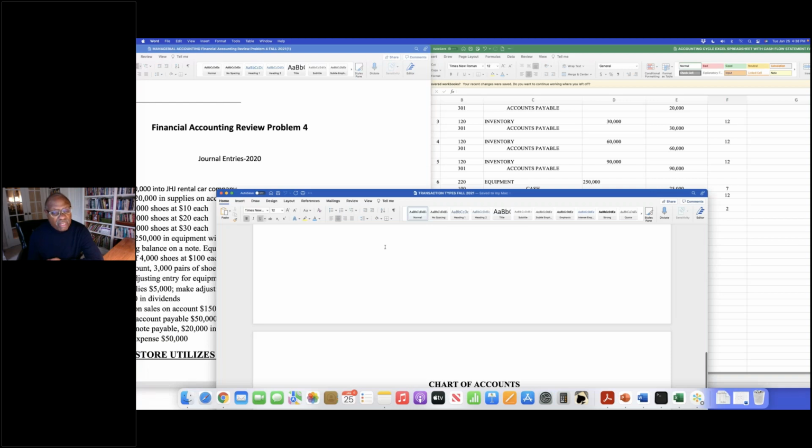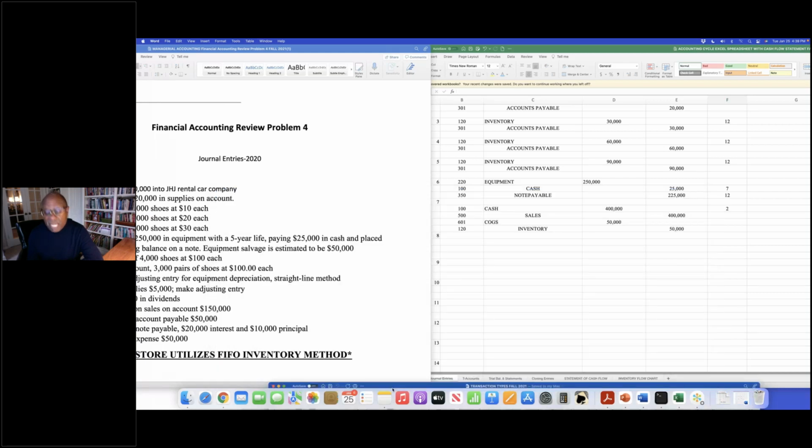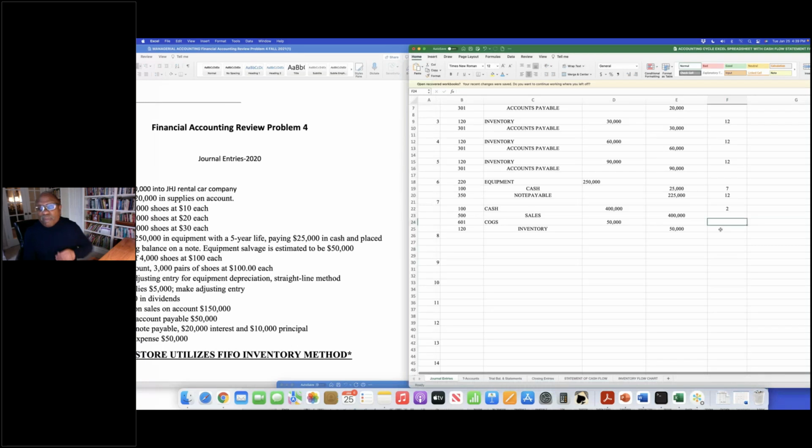Transfer inventory to cost of goods sold. Sounds good to me. So we're going to put that 16 in here for this type. The type is 16 for entry 7. We just went back to 7 and put our types in.